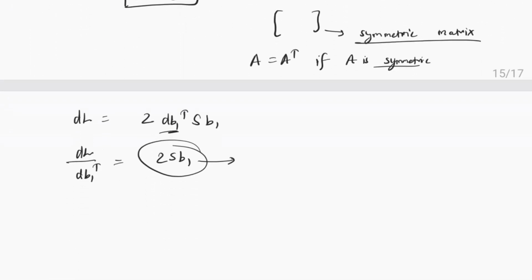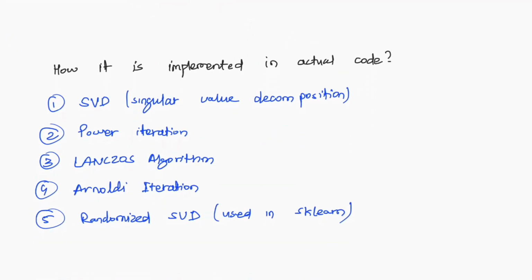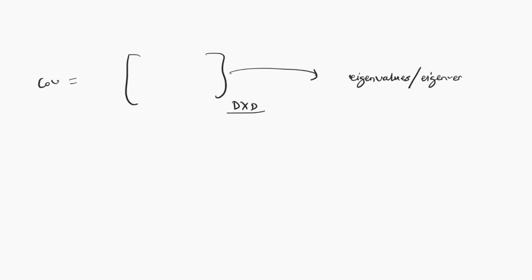And also I would like to answer one more question, how it is implemented in actual code. If you want to apply PCA, then you are going to compute the covariance matrix, which is d cross d, and then after computing the covariance matrix you need to find the eigenvalues and eigenvectors, and then arrange those eigenvectors according to the magnitude of their eigenvalues.